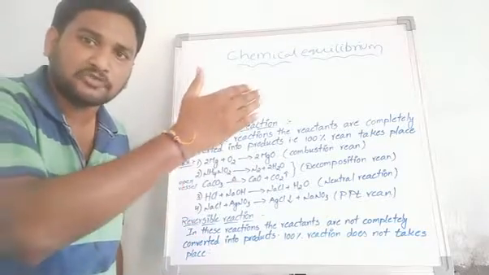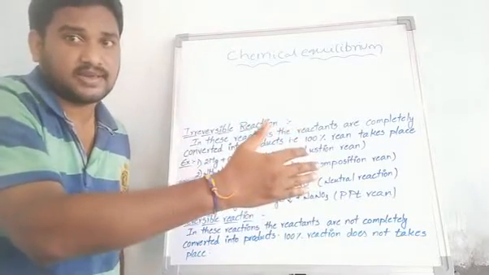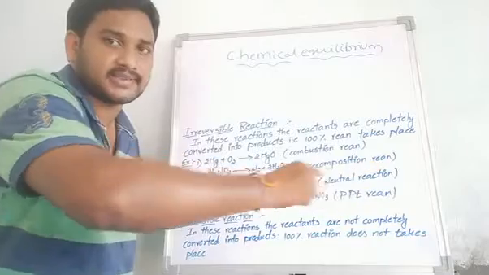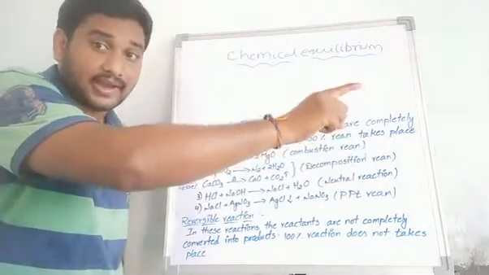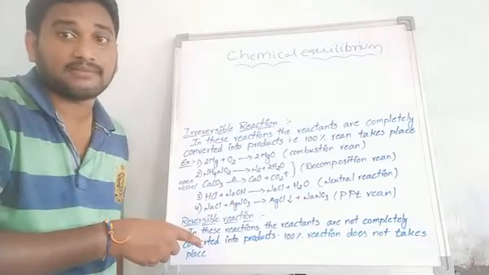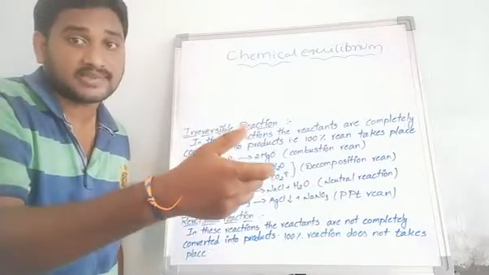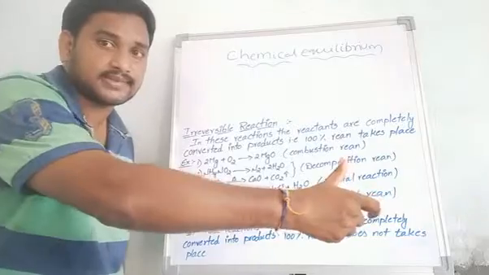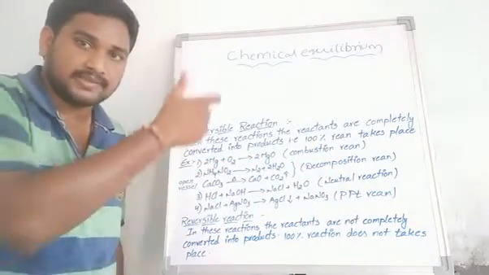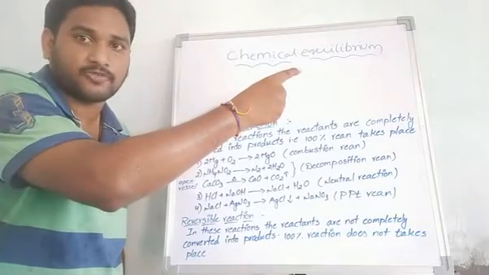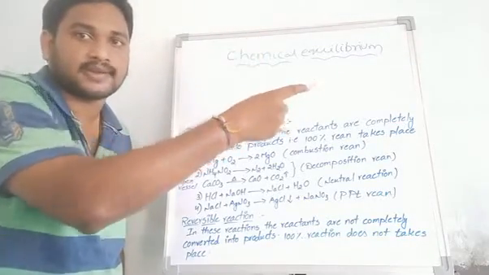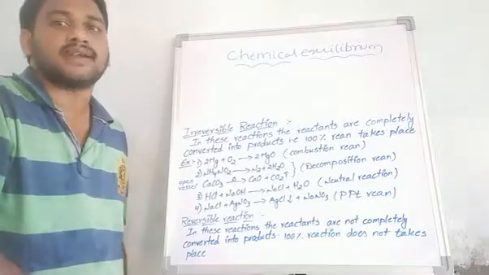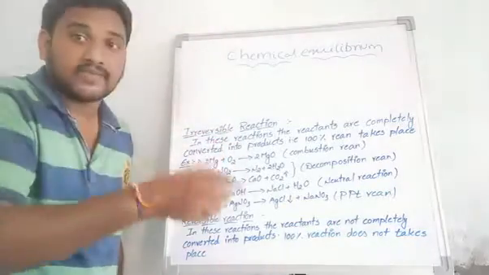Those chemical reactions that proceed in either direction, with both forward and backward reactions present, are called reversible reactions.